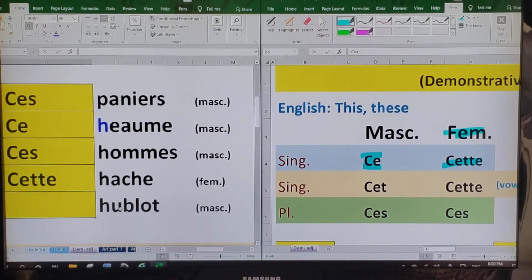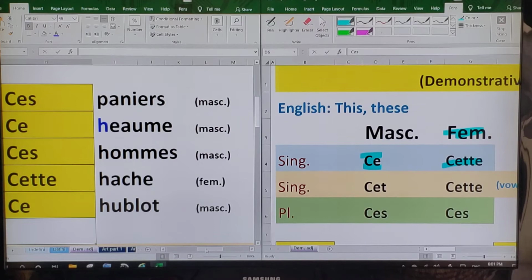The last one, hibou. This is an example of a noun beginning with H, and does it begin with H mute or H aspirated? This is an H aspirated. So if it is H aspirated, what do we use? We use the word ce.